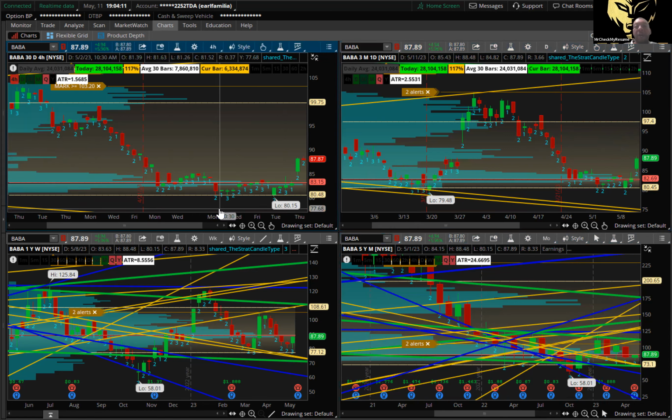This one you would have to buy a few weeks out, 105. Yeah, 105 might be a little aggressive, I would say. You're looking at like a 25% underlying move.